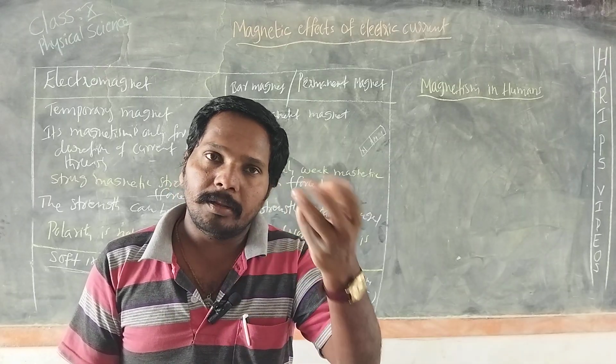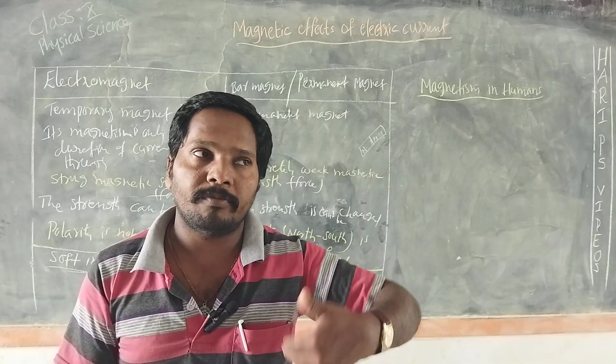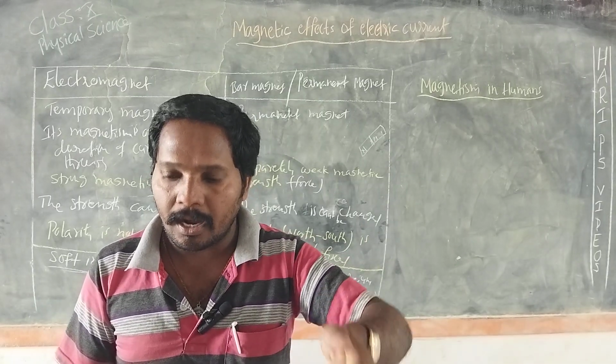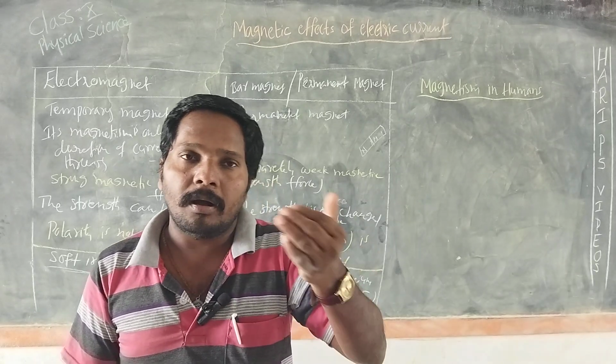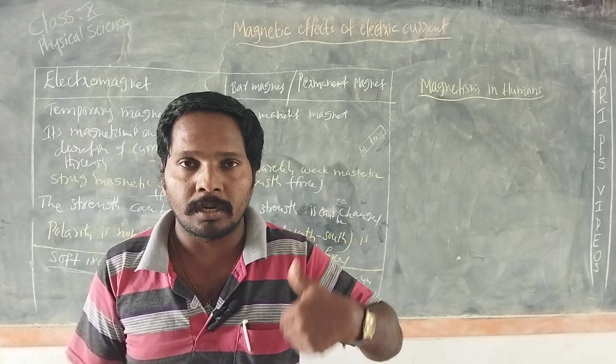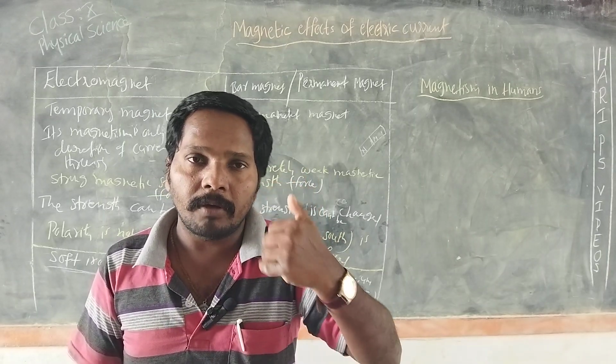Extremely weak current is produced in the human body by the flow of ions. That current is called ionic current. These small ionic currents pass through the nerves, so a magnetic field is formed in our human body.